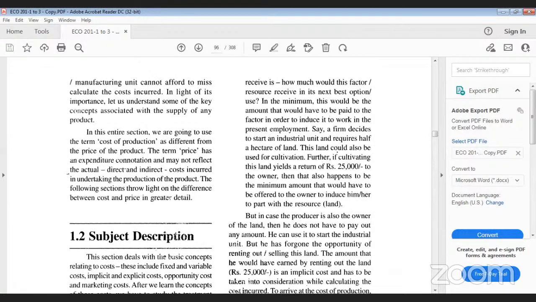The amount that he would have earned by renting out the land, rupees 25,000, is an inbuilt cost and has to be taken into consideration while calculating the cost incurred to arrive at the cost of production.